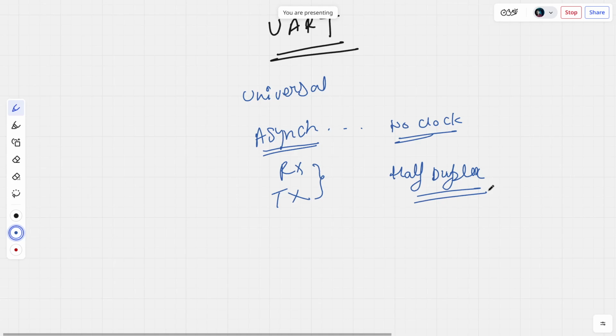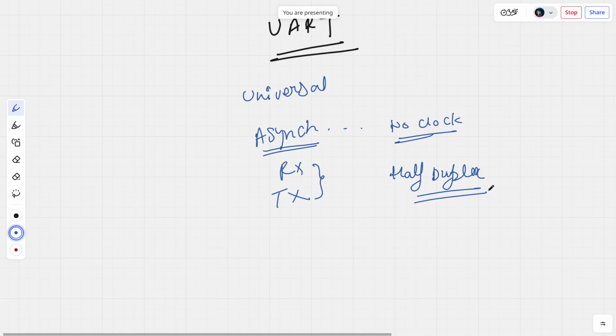It means at a time only one device can communicate, but both devices cannot communicate simultaneously. For those who don't understand half duplex and full duplex: in half duplex communication only one element can transfer data at a time, and in full duplex, both master and slave can transfer data at the same time. So this is half duplex and full duplex.